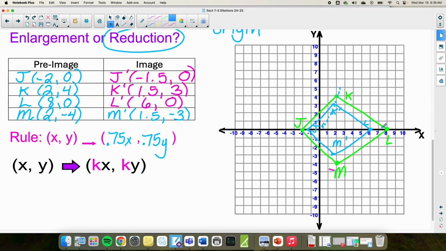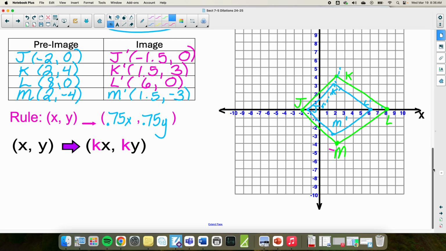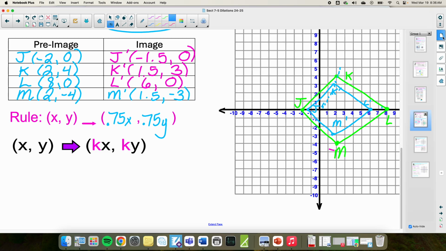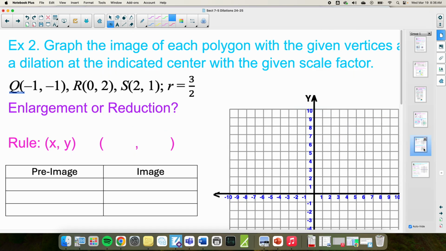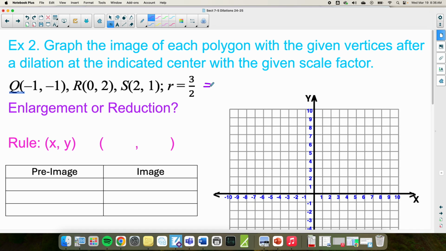Okay? Everybody understand that? Okay, let's try another one, and this one is where we have 3 points, and this time it's 3 halves. So think about this, guys. 3 halves is, what is a decimal? 1.5. So is that a reduction or an enlargement? It's an enlargement because it's bigger than 1.